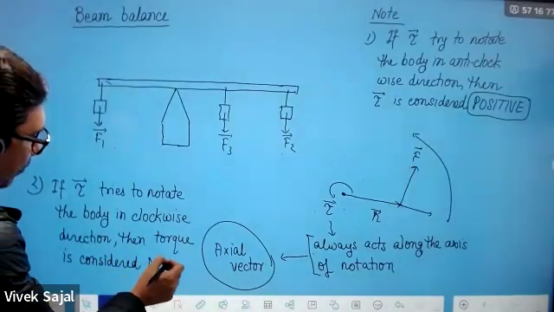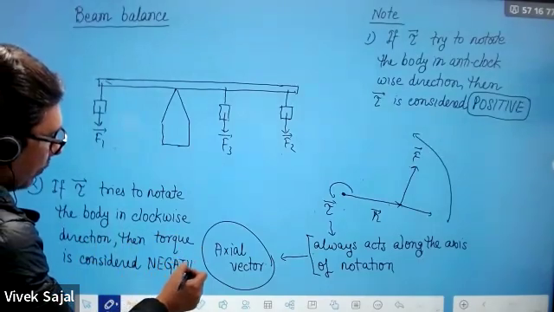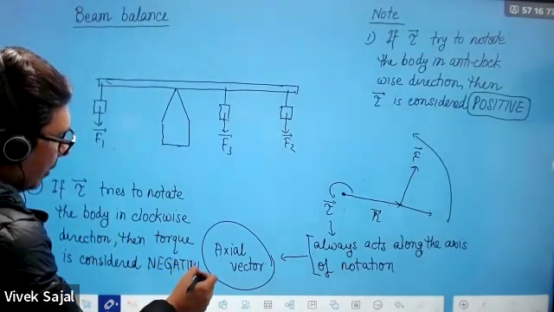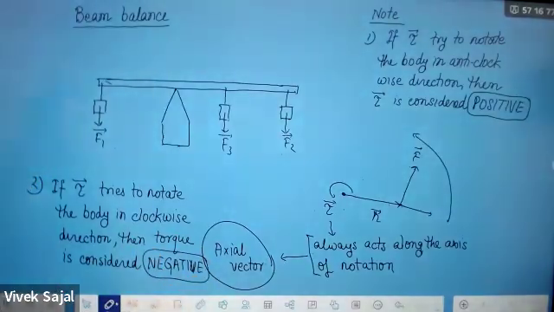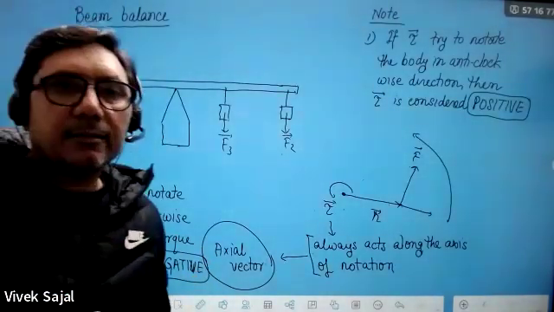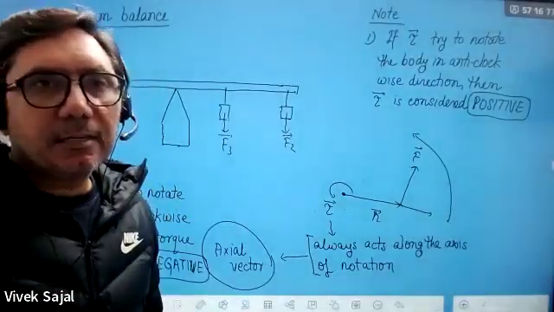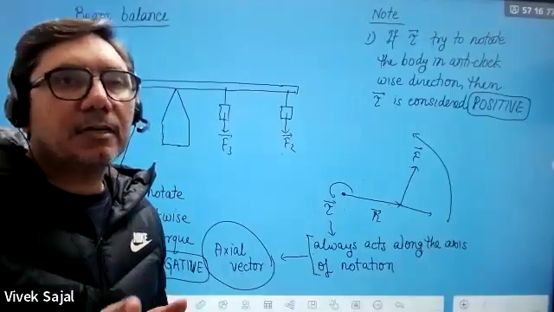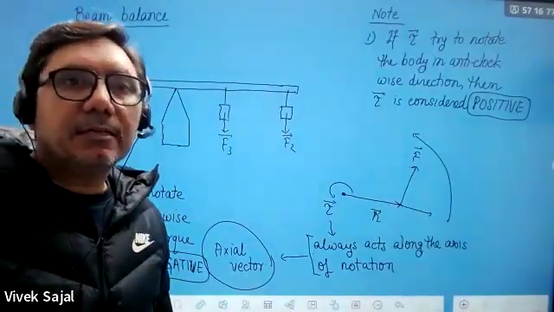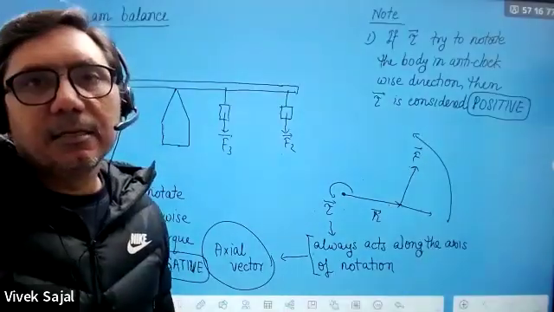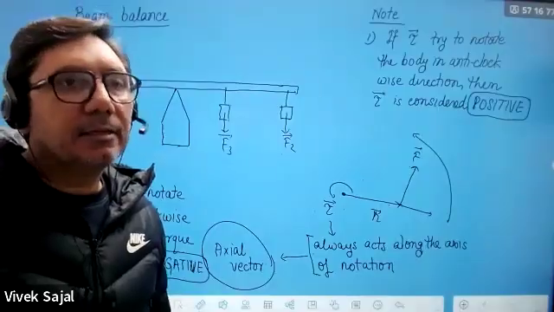Basically, in this way we decide the positive and negative sign of the torque. If a torque is acting on a body and it tries to rotate the body in the anti-clockwise direction, then you will consider that torque as positive. If torque tries to rotate the body in clockwise direction, then you are going to consider that torque as negative.